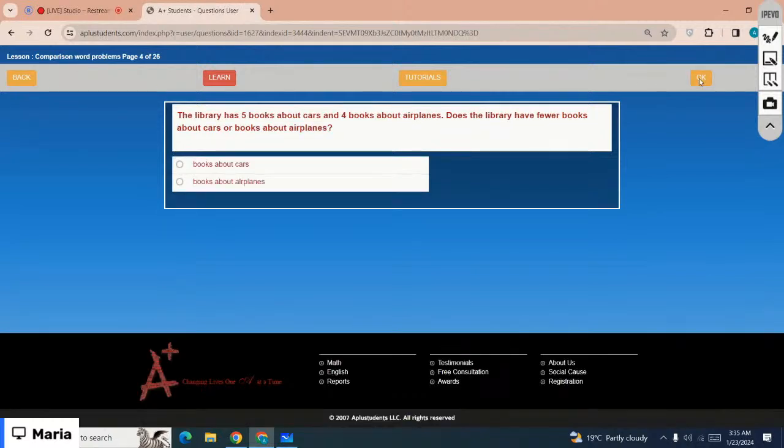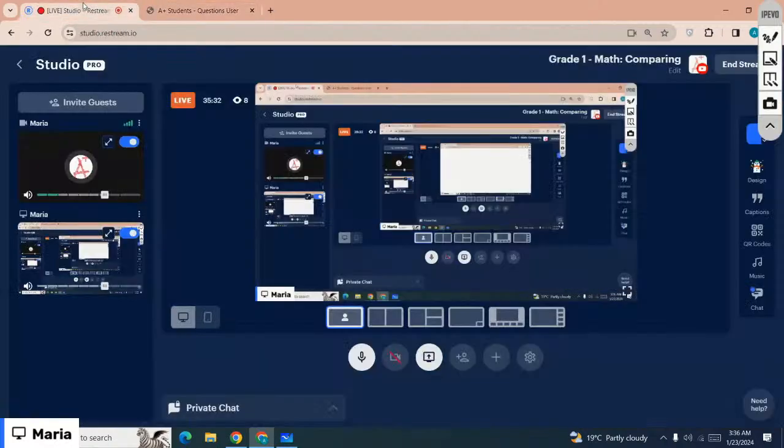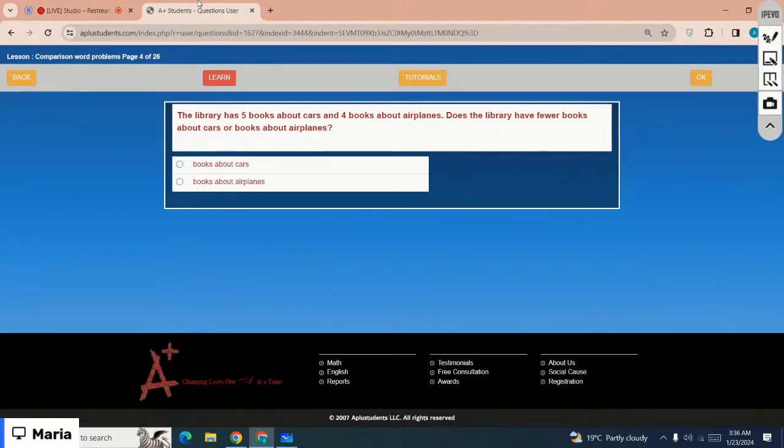Okay, the next one is: the library has 5 books about cars and 4 books about airplanes. Does the library have fewer books about cars or books about airplanes? Which is the correct option? Which one is fewer? Books about cars or books about airplanes?